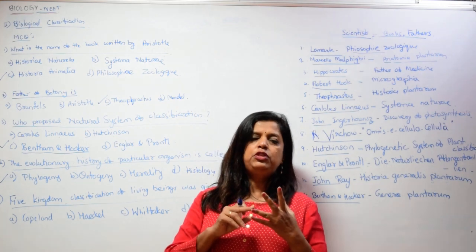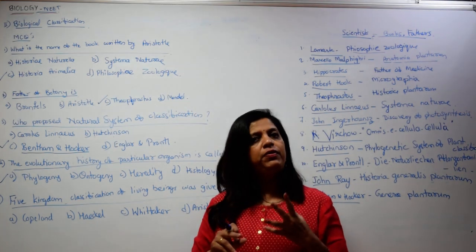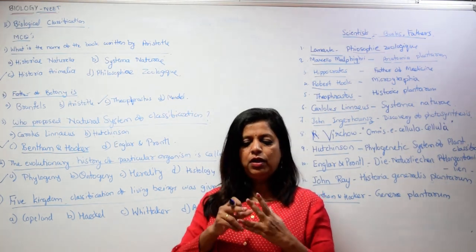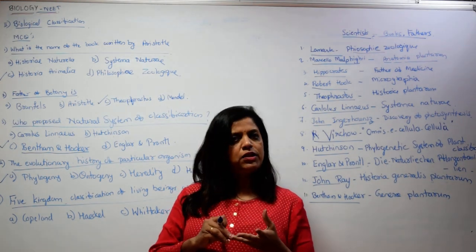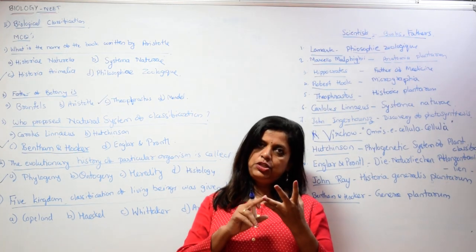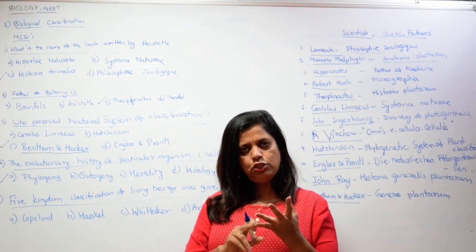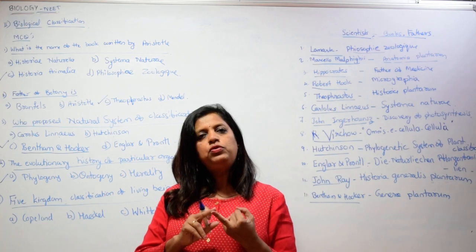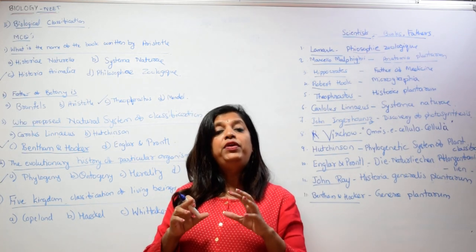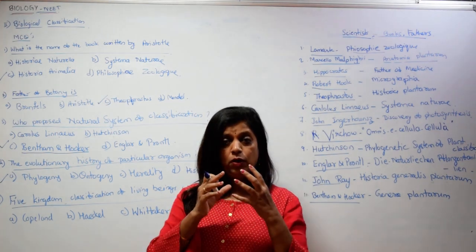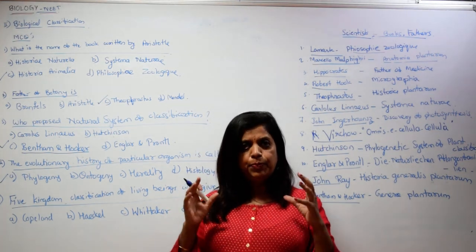Then come gymnosperms. They come under the flowering group. The earlier three I told you all come under cryptogams. Phanerogams are the flowering plants, where you study gymnosperms and angiosperms. Gymnosperms have the flowering character, but the seeds are not covered by a fruit wall. They are naked-seeded plants.